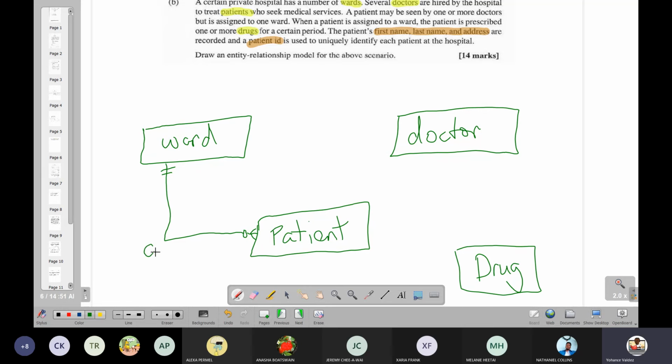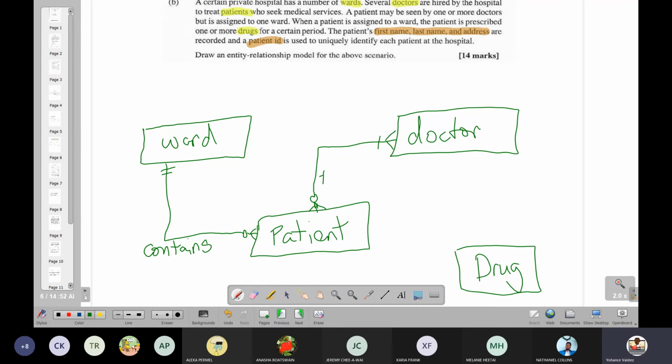So a ward contains patients, right? A doctor, right, can treat zero or more patients, and a patient is treated by one or more doctors, right?